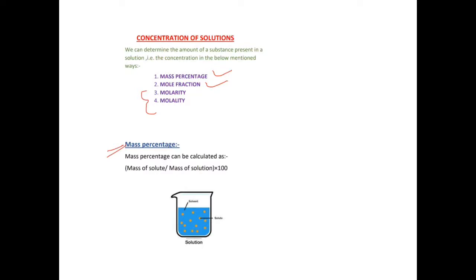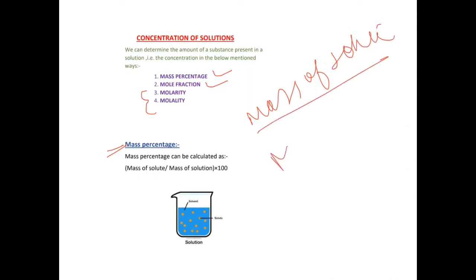So mass percentage is the ratio of the mass of solute to the mass of solution. It can be calculated as mass of solute divided by mass of solution into 100. Keep in mind that it is divided by mass of solution and not the solvent.